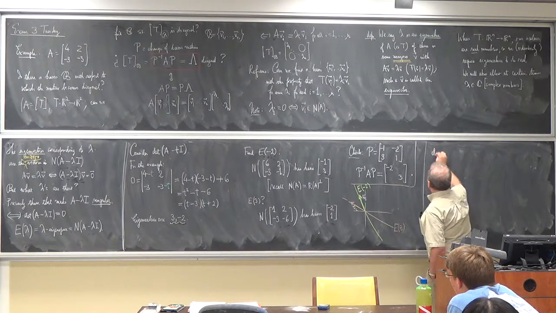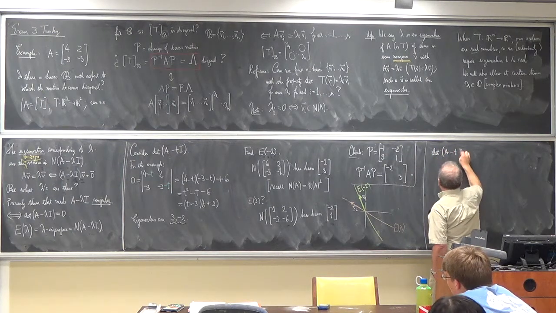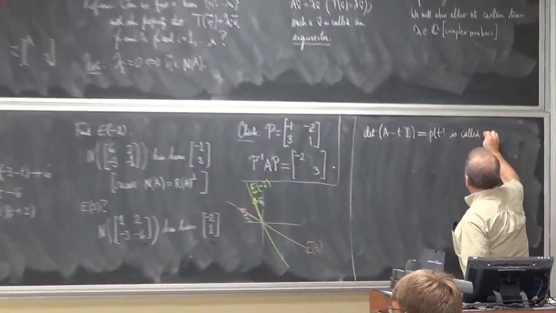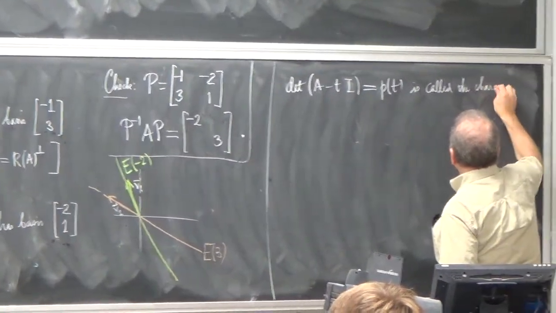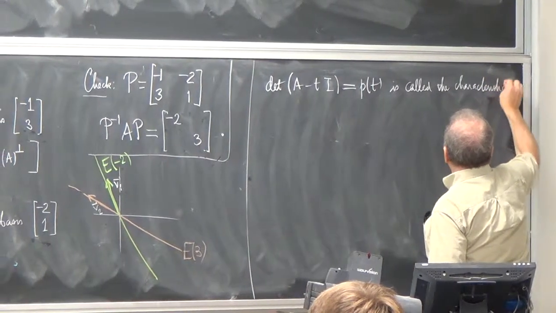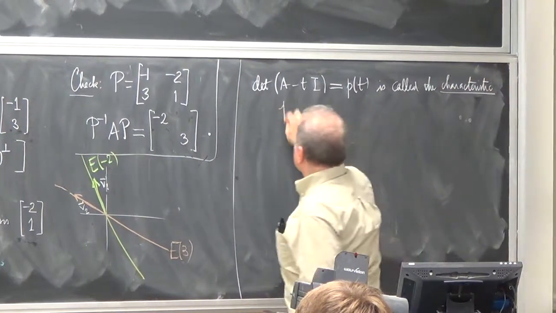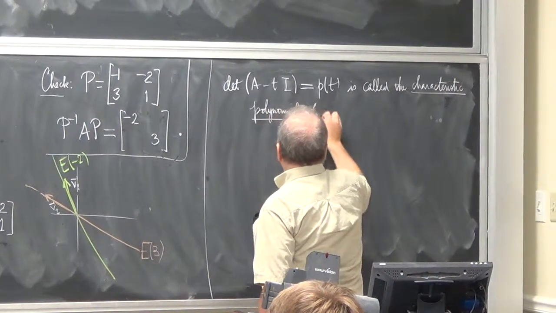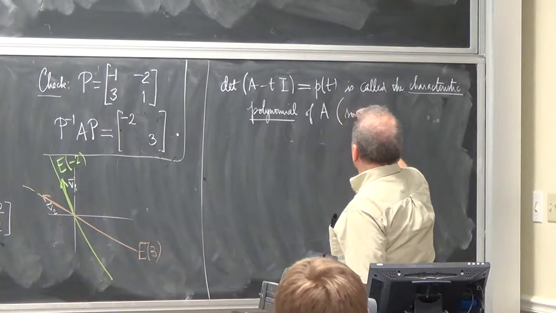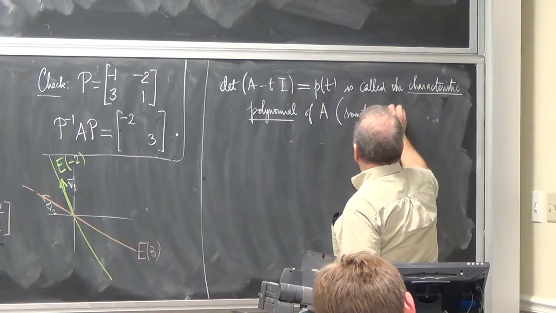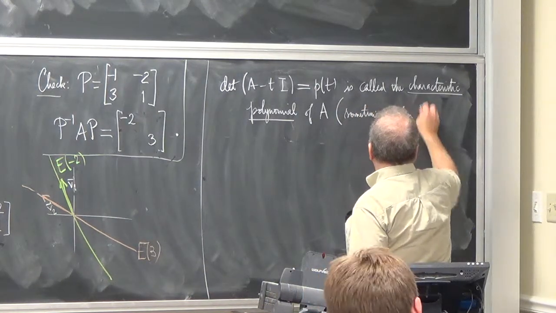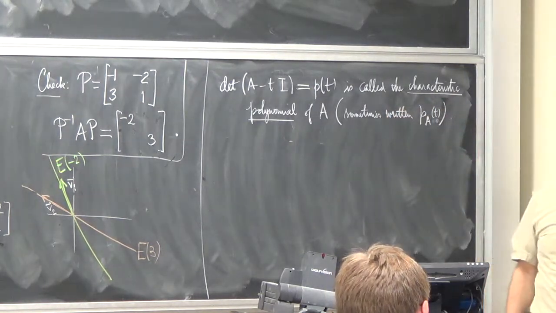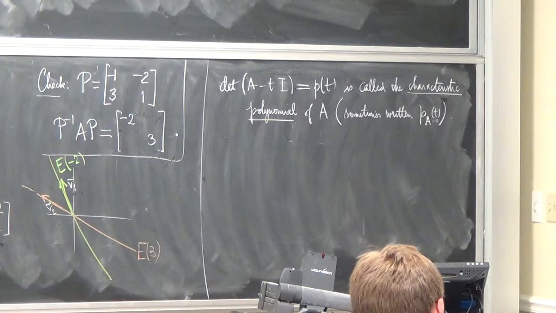So the determinant of A minus tI equals P of t, which is called the characteristic polynomial. Those of you who wish to practice your Math 3200 skills may prove to me that this polynomial has degree blank if A is n by n.